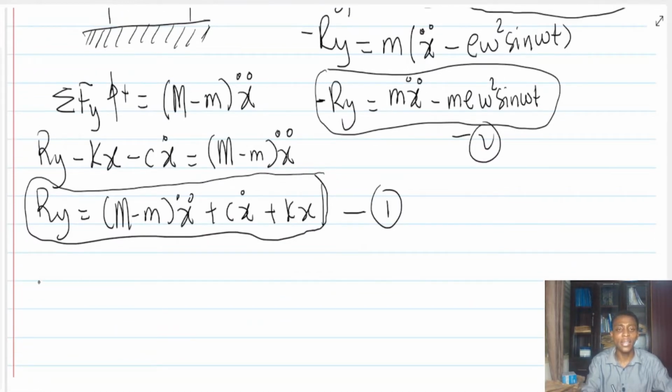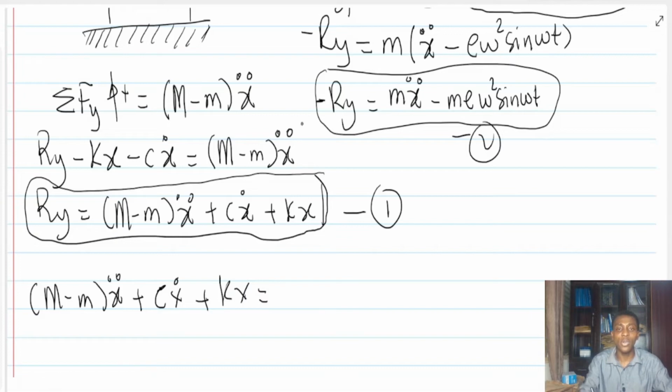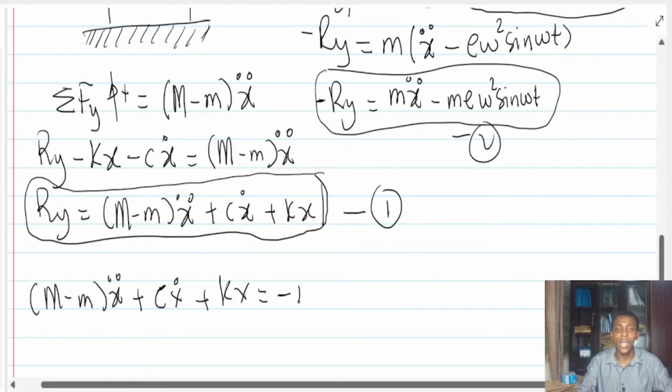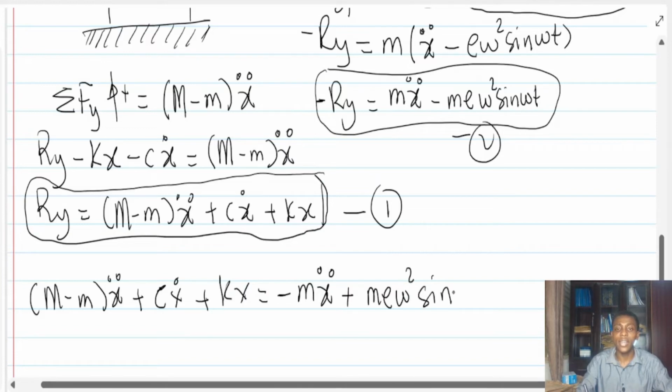Therefore, I can say that minus m x dot dot plus cx dot plus kx should be the same as this one because it's also ry. But the ry over here is going to be minus m x dot dot, and this one is going to be plus m e omega squared sine omega t, coming from here, right?